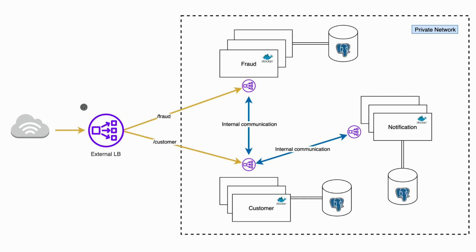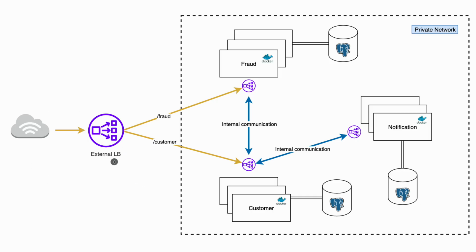So to fully understand this, let's take our architecture that we currently have and introduce load balancers so you see how it works. In here, this right here is my private network. And what I have is an external load balancer. This external load balancer is the main entry point for any client that wants to connect to your applications.